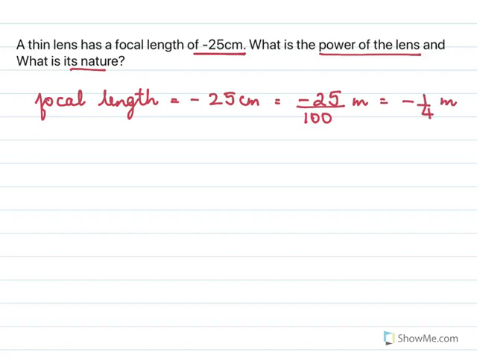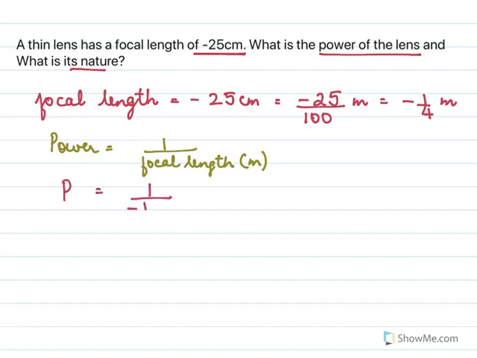Now we need to find the power. So we know power equal to 1 over focal length in meters. So the power here will be 1 over minus 1 by 4, which is minus 4 diopters. So power equal to minus 4 diopters.